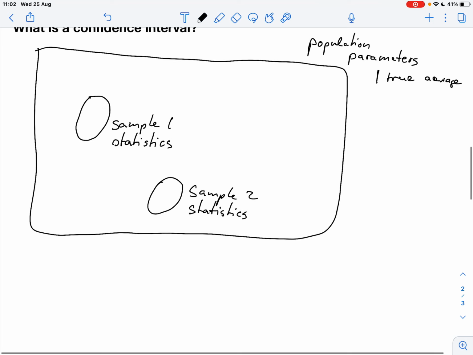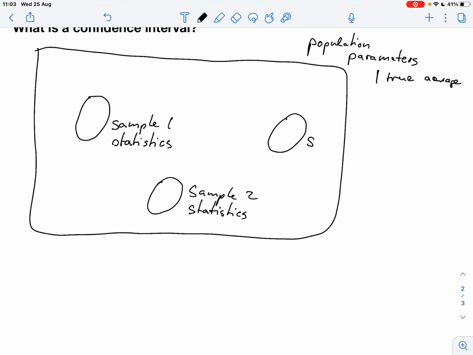And if I take a sample 3, here the statistics might be, again, slightly different from the other two. The average might be slightly different. And this is actually called sampling error. It's not an error, it's just simply uncertainty.